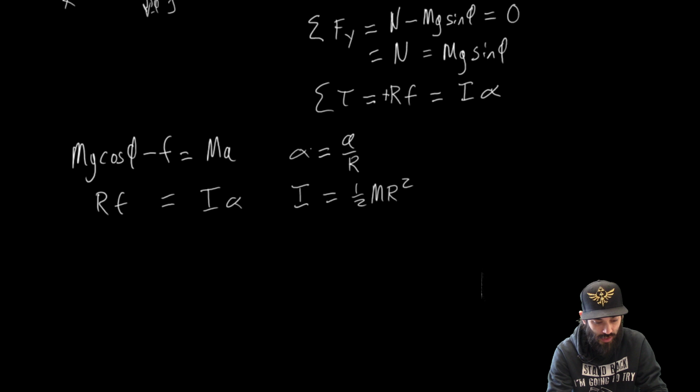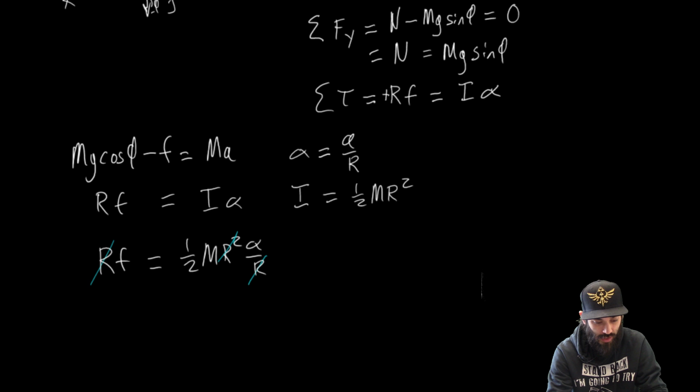So now we want to substitute this information in here. When we do this, this bottom equation is going to become R times F is going to be equal to 1/2 capital M R squared times alpha divided by R. And so we can see that one factor of R is going to cancel from this side, and then a second factor of R is going to cancel.